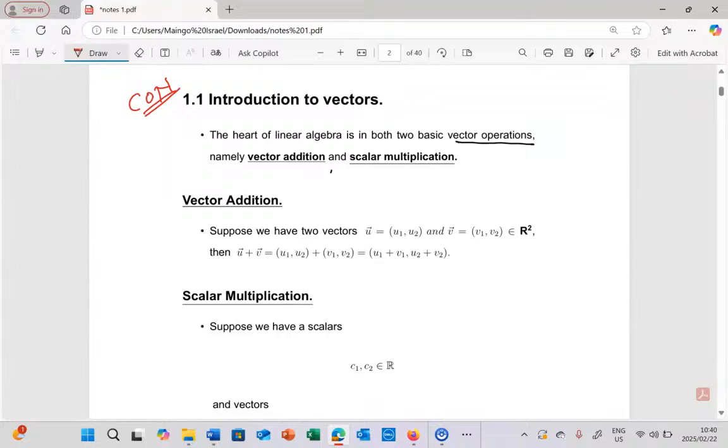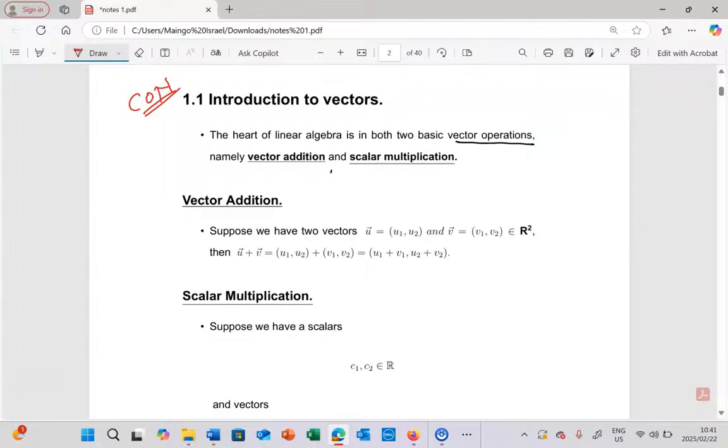The traditional difference between a vector and a scalar is direction. We used to define a vector as a physical quantity that has both magnitude and direction, but a scalar is a physical quantity that has magnitude only. These are the basic principles that are taught in high school.